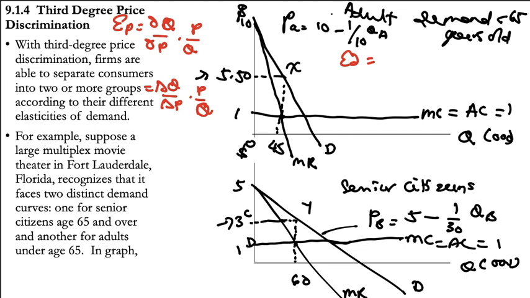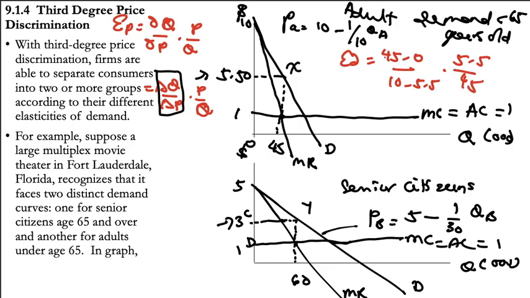Can you follow me? So here we need to find this first. This one is actually 45 minus 0 over 10 minus 5.5, and then the price at point X is 5.5 over 45.